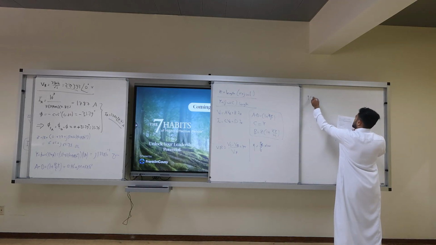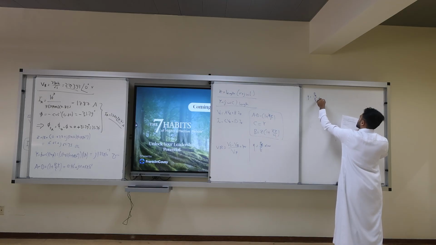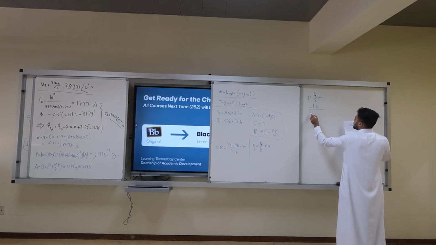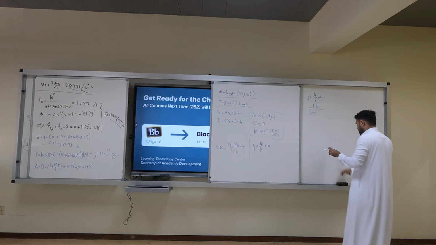So what is the efficiency? Is PR over PS times 100, which is 1 giga, over 3 times, no, not 290.